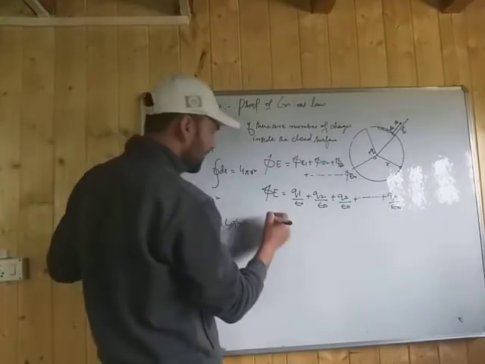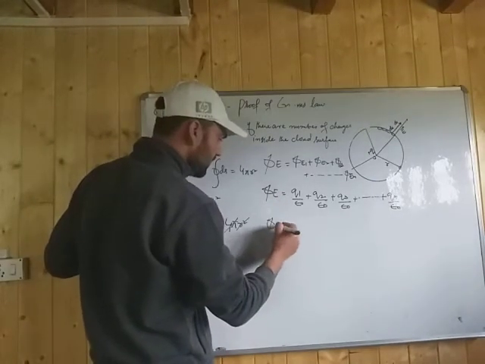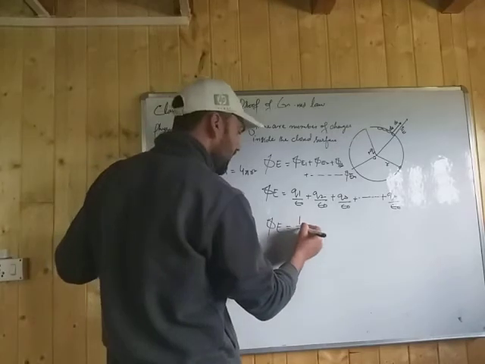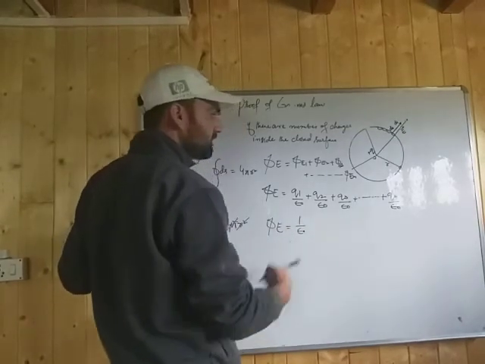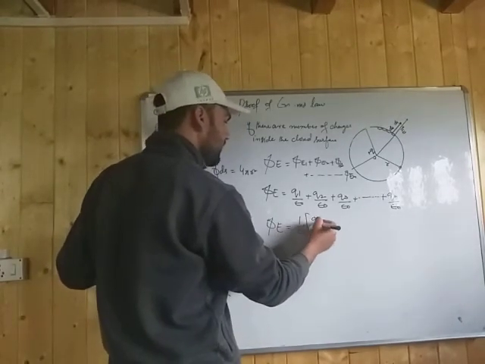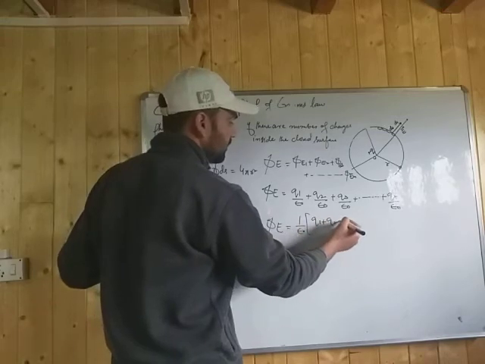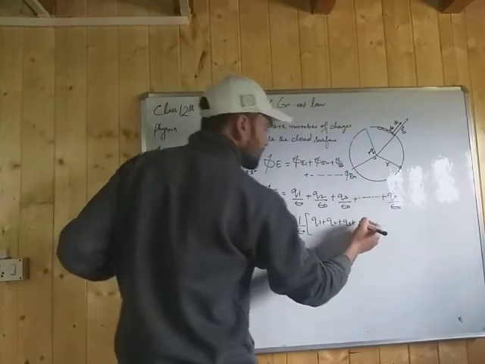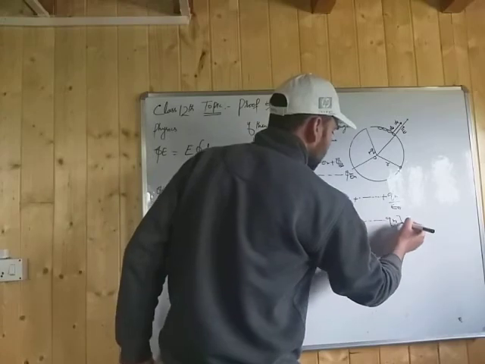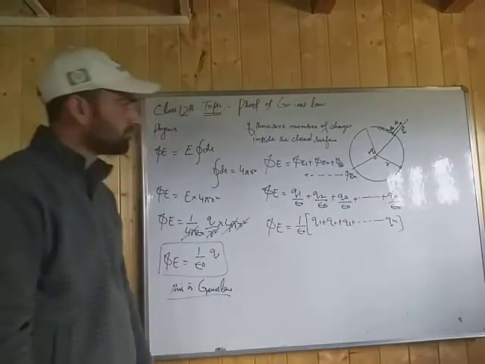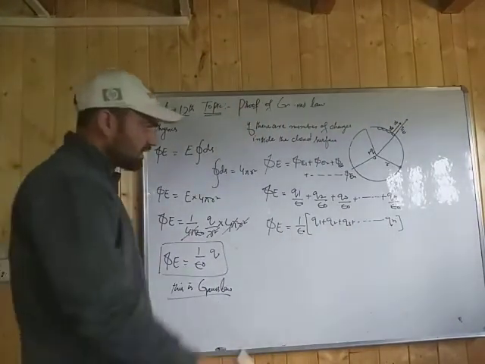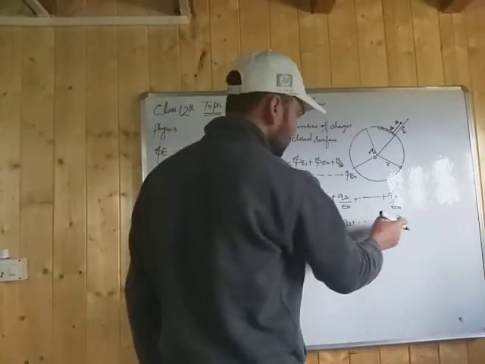Or we can write here phi E is equal to 1 over epsilon naught, as it is common, times Q1 plus Q2 plus Q3 plus so on up to Qn.